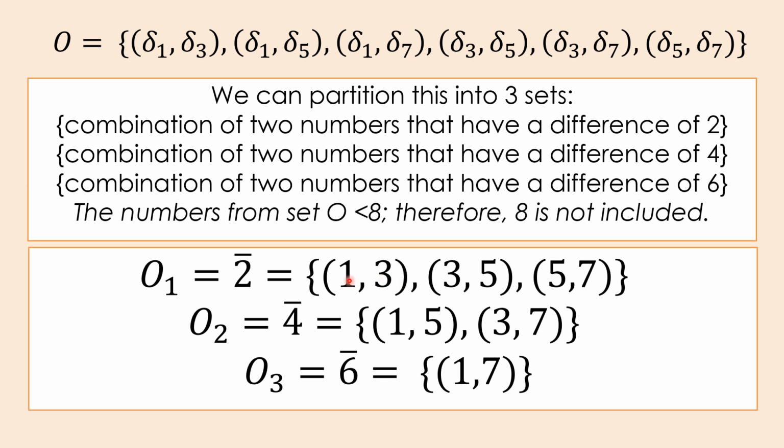So 3 minus 1 is 2, 5 minus 3 is 2, 7 minus 5 is 2. So here is our first cell. The second cell is the difference of 4. 5 minus 1 is 4, 7 minus 3 is 4. So this is our cell 2. And our cell 3 is the difference of 6. So 7 minus 1 is 6.